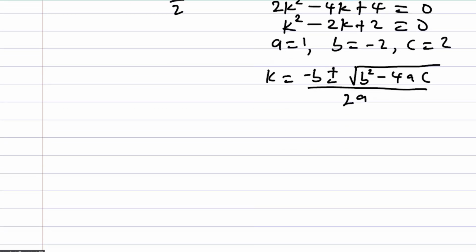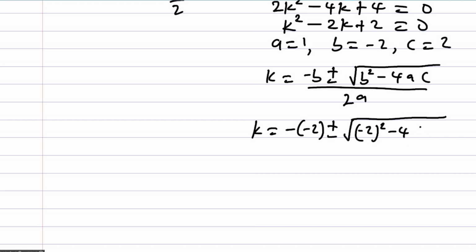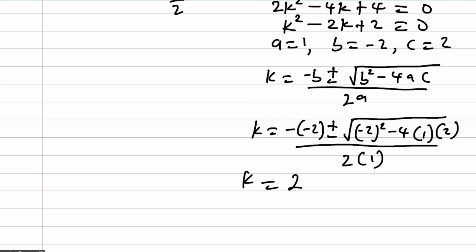So this will now lead to k being equal to minus into minus 2 plus or minus the square root of minus 2 all squared minus 4 into 1 then into 2. Okay, then everything over 2 into 1.